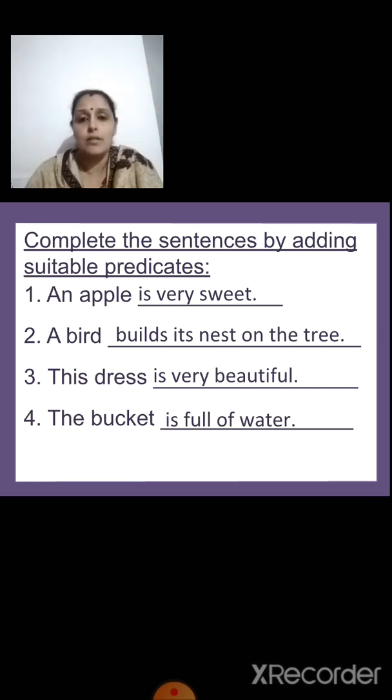Or you can write the bucket is blue in color. So you have to complete the sentence using proper predicates, framing it properly. Yes, you can use anything, but then you have to frame it properly. Fine?